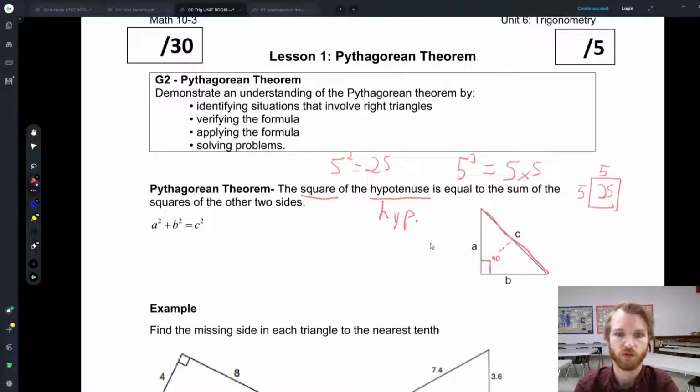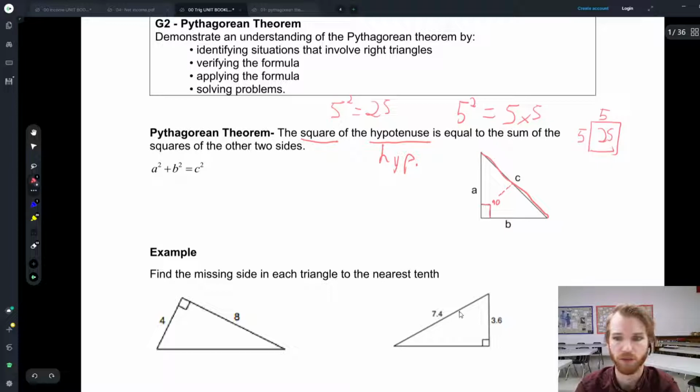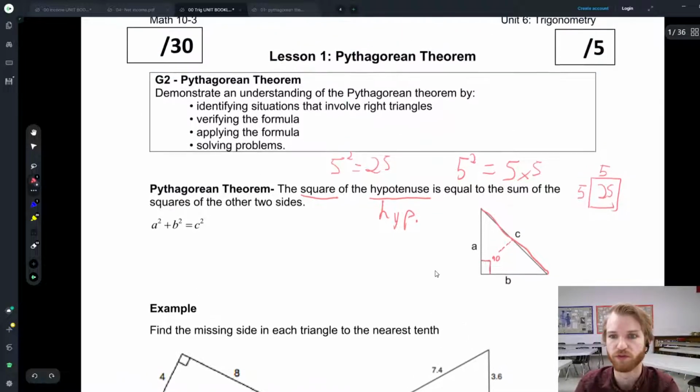So when we say the square of the hypotenuse, that means if we took the length of this hypotenuse and multiplied it by itself, like c times c, or whatever it happens to be in this triangle. Down here we have the hypotenuse, 7.4, so we multiply it by itself. If we square that, it's going to be equal to the other two sides squared put together.